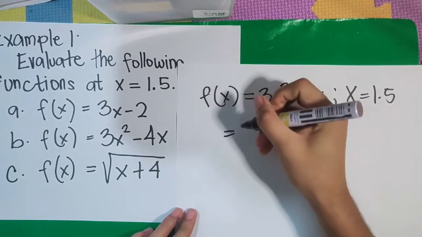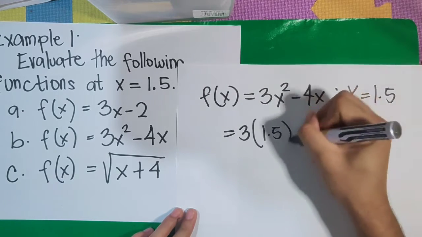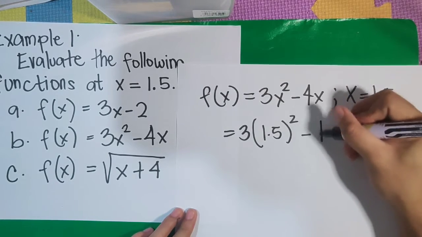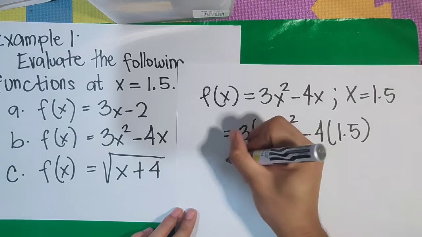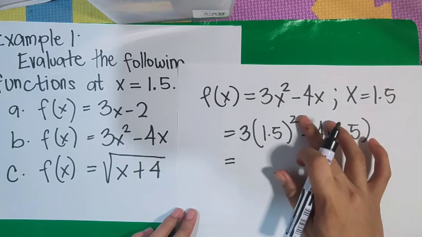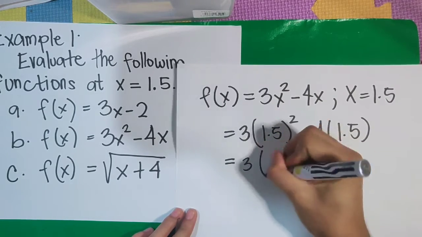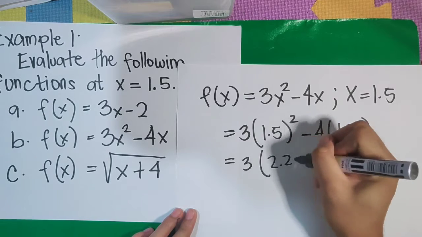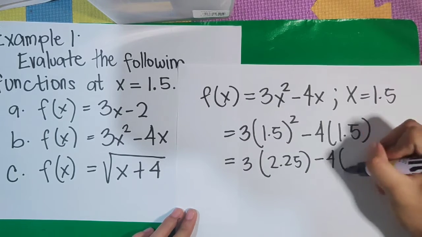So 3 times 1.5 squared minus 4 times 1.5. First we need to solve this 1.5 squared. So 1.5 squared is equal to 2.25. Then copy the rest of the expression.